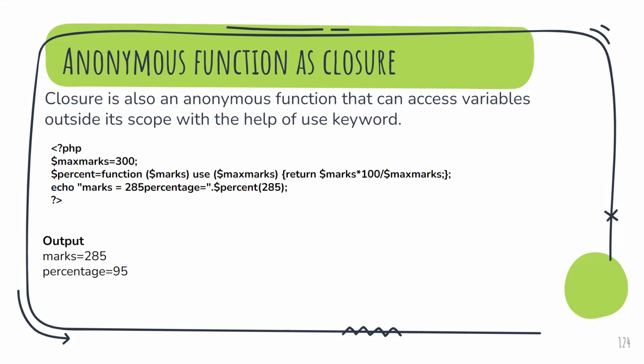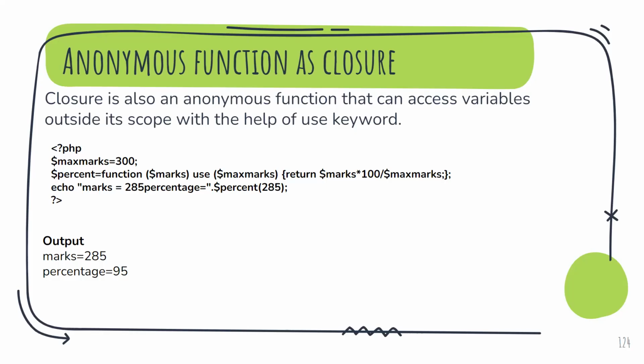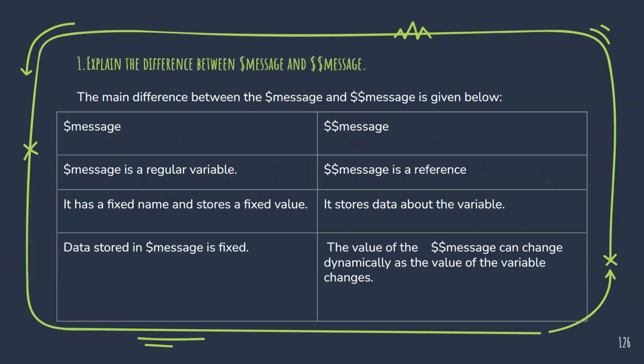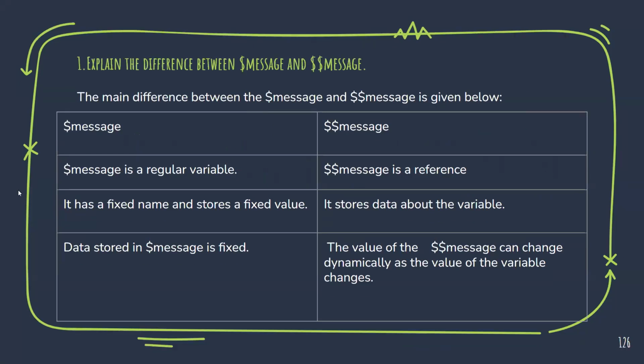By this we end the topic of functions. Now we'll discuss a few of the most widely asked interview questions in PHP based on the topic PHP functions. Explain the difference between $message and $$message.